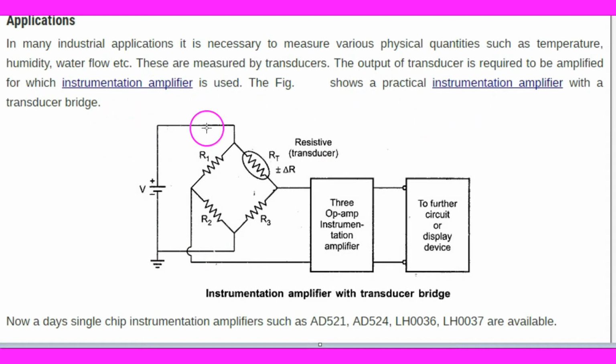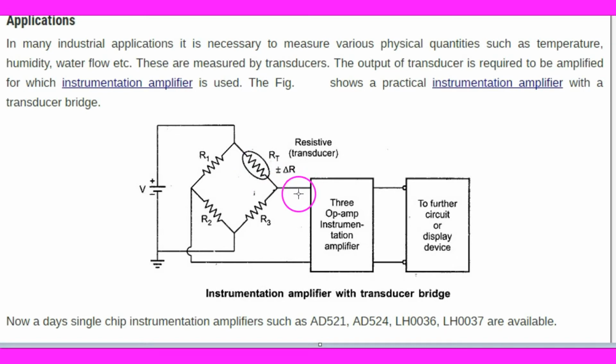So this is an instrumentation amplifier with the transducer bridge. This is a bridge circuit and the voltage is given to the bridge. The bridge is balanced, so at the two terminals there is no voltage, and no voltage means no output. This is a variable resistor. Its resistance changes with the physical parameters which we have to measure.